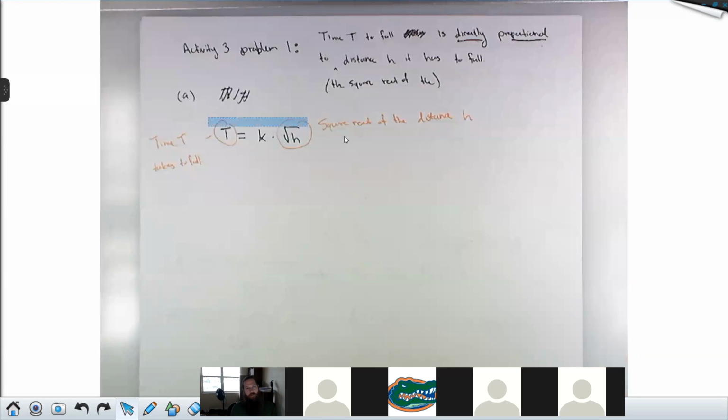If I say those two things are directly proportional, that means the first one is equal to a constant times the second. That's all that means.